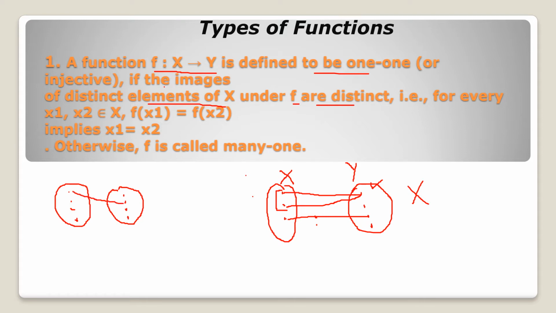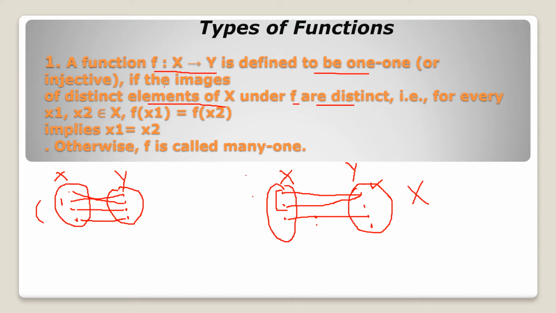So if this is the image of this one, this cannot be the image of this one now. So it can be like this. Here in this function, each element in x has a distinct image, so two elements in x cannot have the same image.